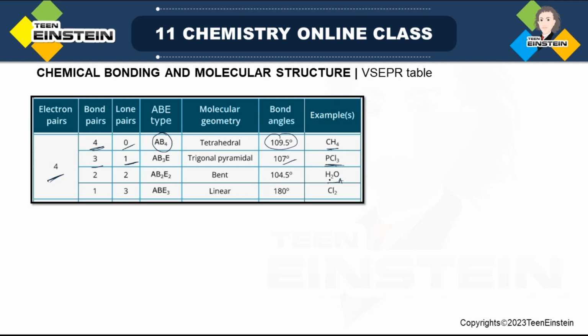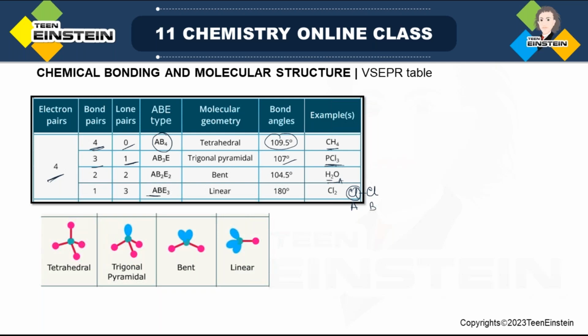H2O: this is A, 2H means B2, so it is AB2, but we cannot write E in the formula. Okay. And the last possibility is 3 lone pairs, only 1 bond pair. So now the formula will be chlorine. If you write chlorine in this way, one chlorine you can treat as if it is A, another chlorine you can consider as if it is B. So it is matching with this formula.